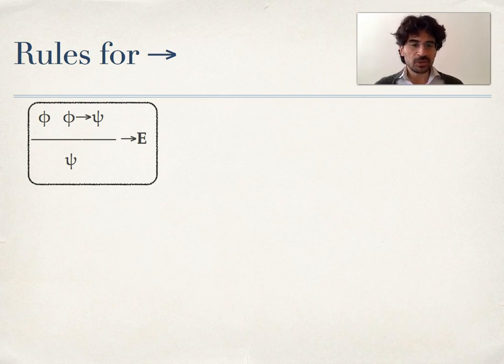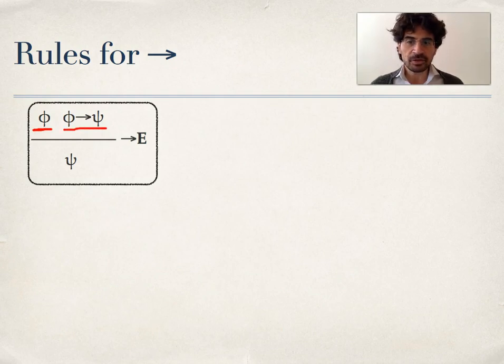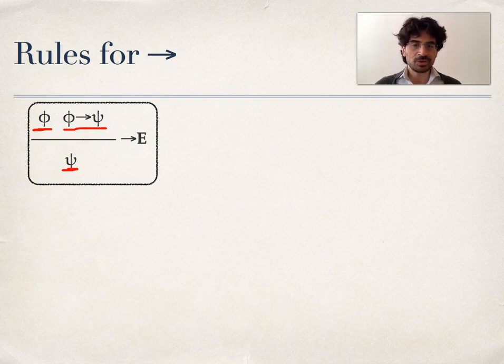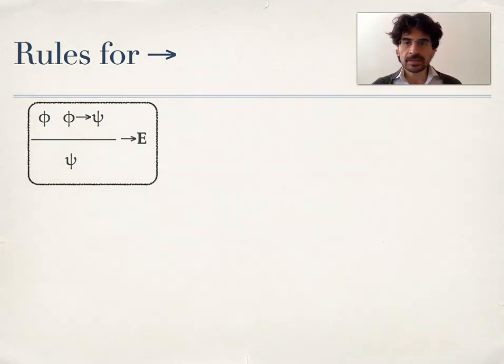This you should recognize as a form of modus ponens. So you have a derivation of phi, and you have a derivation of phi implies psi, and therefore you can write in the next line of your derivation psi. This eliminates the implication symbol. This is nothing other than modus ponens.